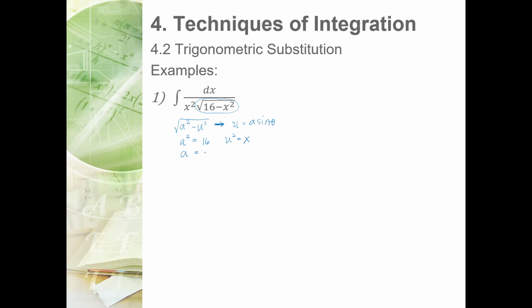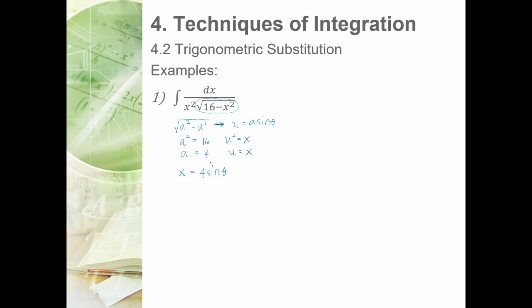So a is 4, and then u is equal to x. Okay, so after declaring such variables, we're going to use the formula. So u equals a sine theta. So this becomes x, that is the u parameter, and a is 4, so 4 sine theta.